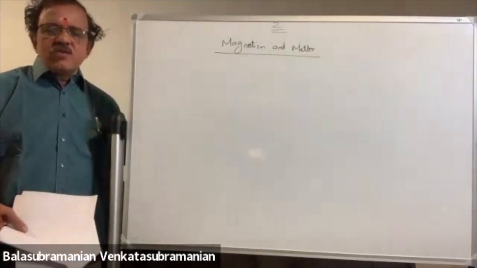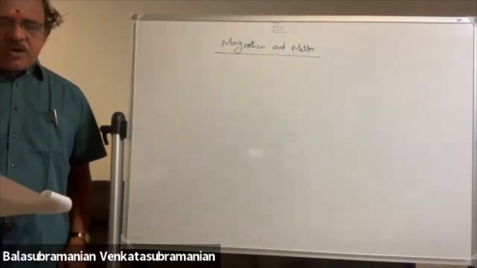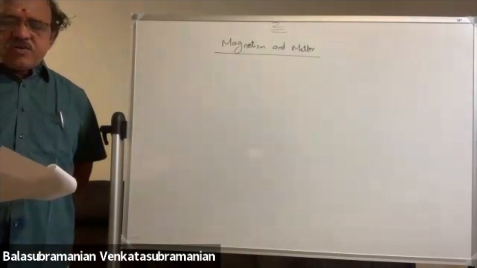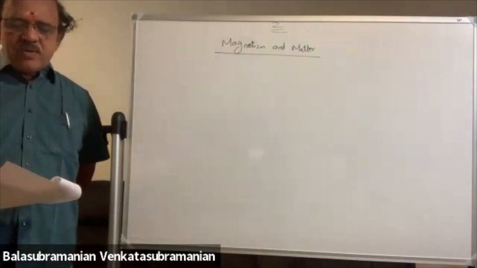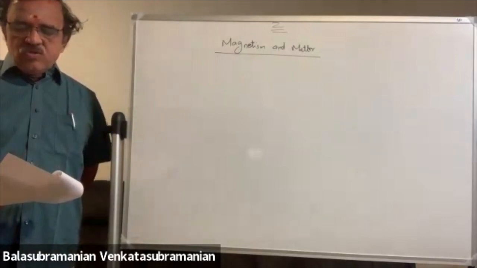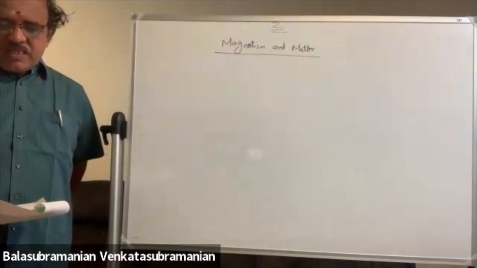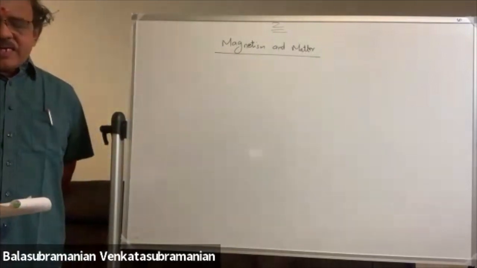Okay. To start with, if earth magnetic field approximates the field due to a dipole of magnetic moment 8 into 10 power 22 joules per Tesla or ampere meter square, then calculate magnetic induction.